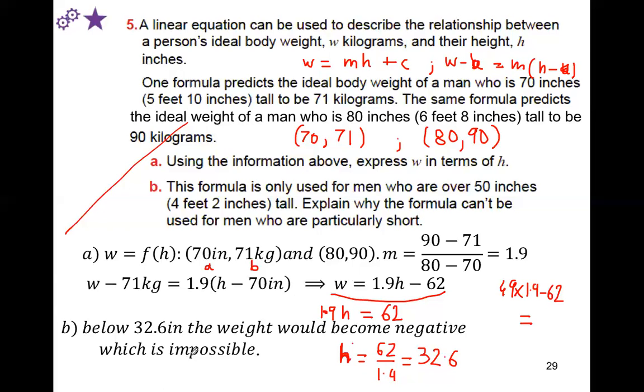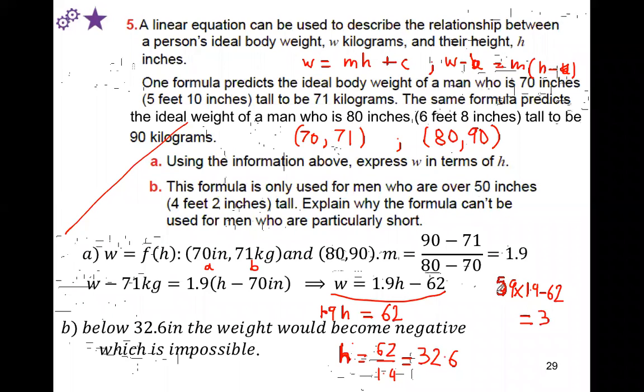Now they've told us this is only used for men above 50 inches. So we noticed that 50 times 1.9 minus 62 is giving us 33 kilo.